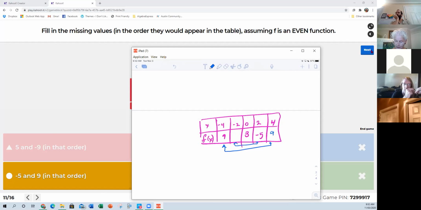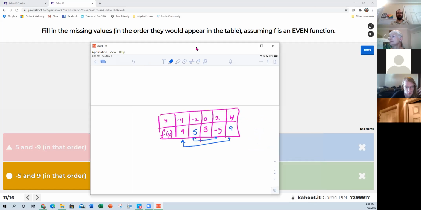And so this should be a 5. So if it's even, so did I do the wrong thing? No, yeah, I did it wrong. Gotta watch me sometimes when I put these things together. So it should be, so if you got it, the red actually was right.